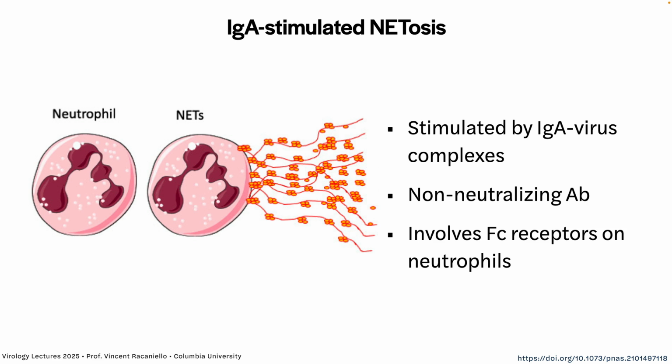And the reason I'm emphasizing this to you is because it's becoming increasingly obvious that non-neutralizing mechanisms are important for getting rid of virus-infected cells. Yet, when we test vaccines, the only thing we look at is neutralizing antibody.